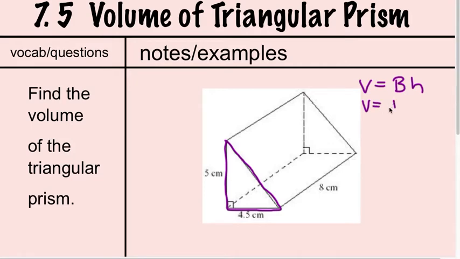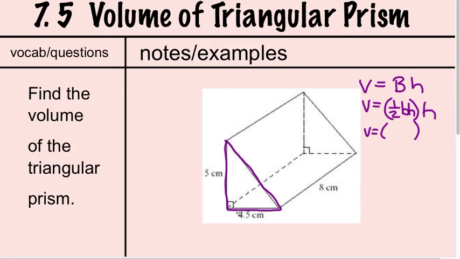This triangle is half of the base height. Notice the difference between capital B and little b, times the height of the entire figure. Volume equals, let's look at just the triangle because that's what this parenthesis is referring to.